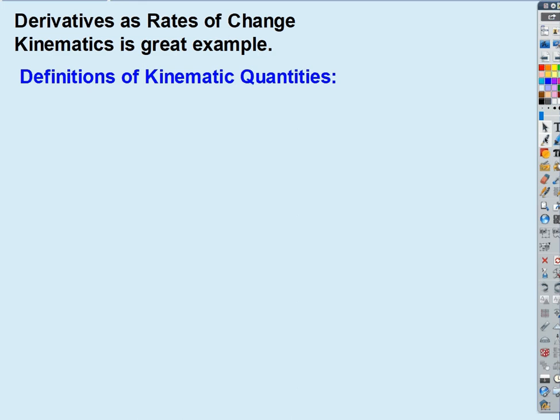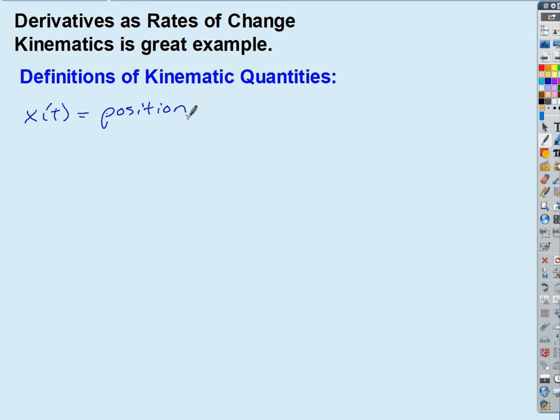So let's remind ourselves, it's been a little while since we talked about this at all. So if we're going to define something like, let's say, we'll call it x of t is our position function. That's our position function on a line. Can you define for me what the other kinematic quantities are?